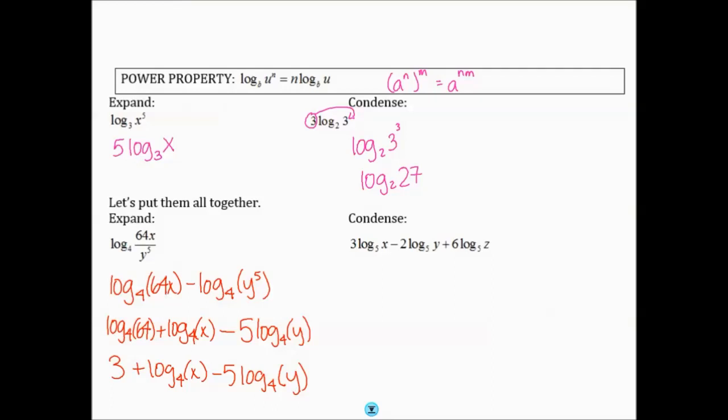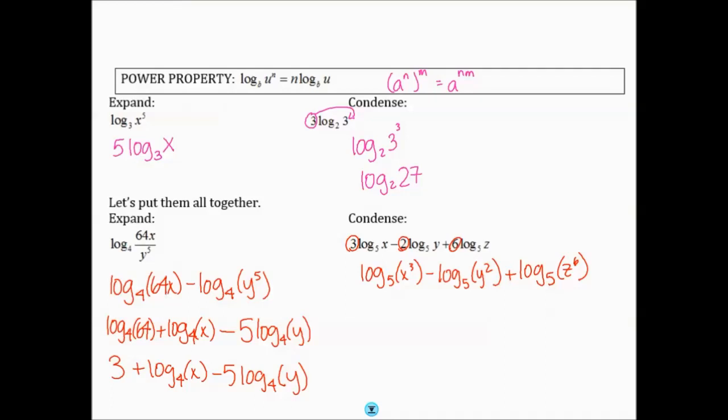Now, if I am going to condense this next expression, first I want to deal with the power property. So I want to move all of these numbers that are out front to be my exponents. So I have log base 5 of x cubed minus log base 5 of y squared plus log base 5 of z to the 6th. Now, here's where you have to be careful.